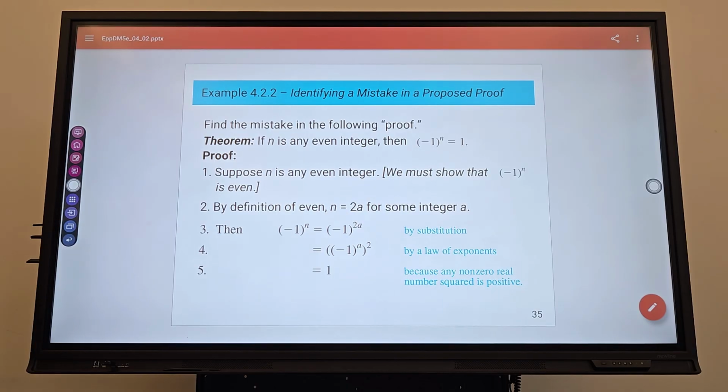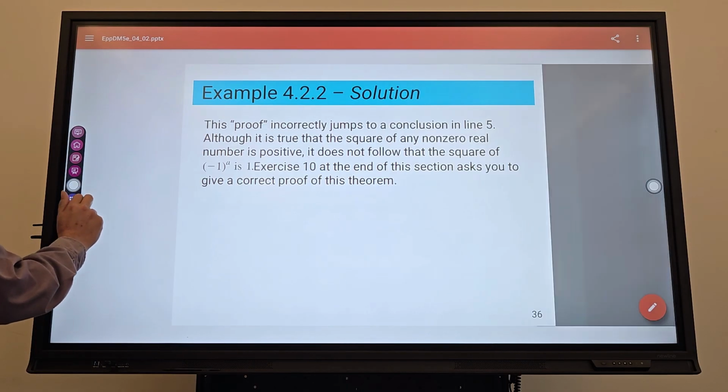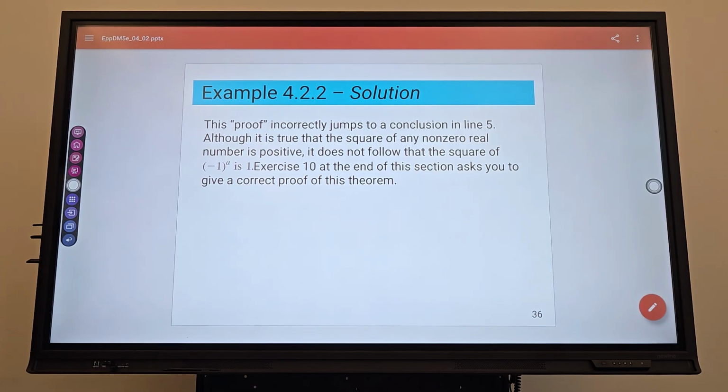Well, sounds like it's jumping to a conclusion. Yeah. Incorrectly jumps to a conclusion in line 5. Although it is true that the square of any non-zero real number is positive, it does not follow that the square of minus 1 to the a is 1. Exercise 10 at the end of the section asks you to give a correct proof of this theorem.